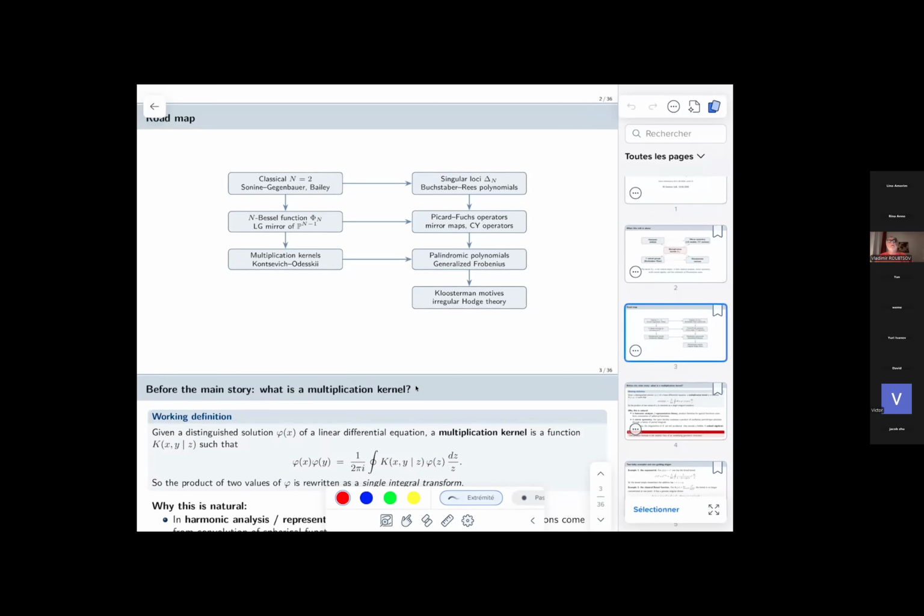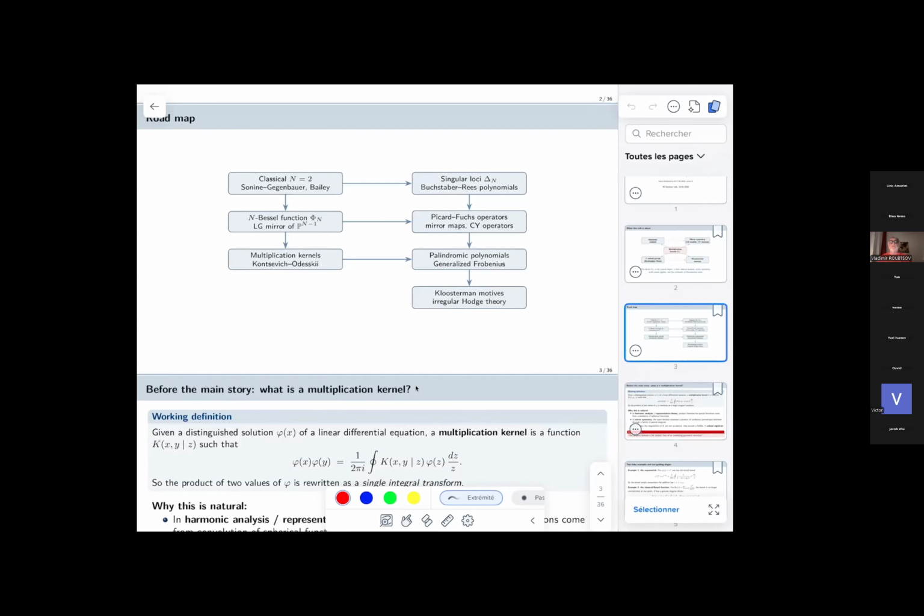And then I will explain briefly links to recent results and recent definitions of Maxim Kontsevich and Sasha Odesskii in their paper from 2021.